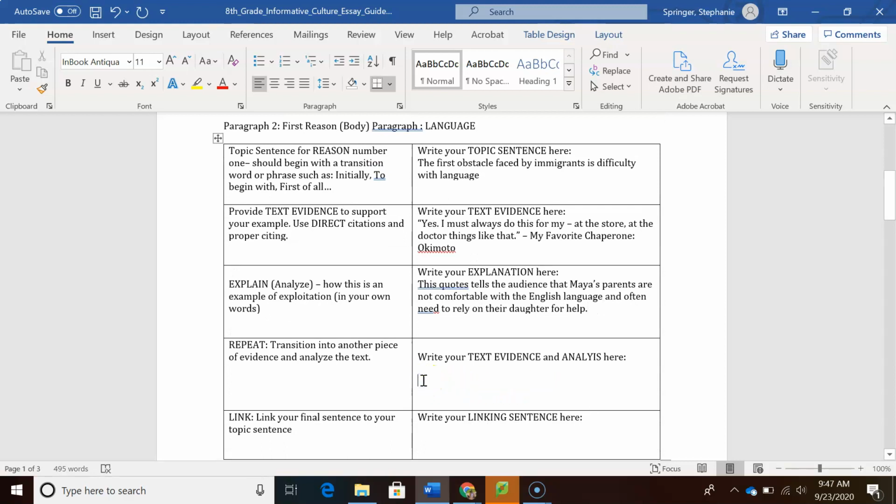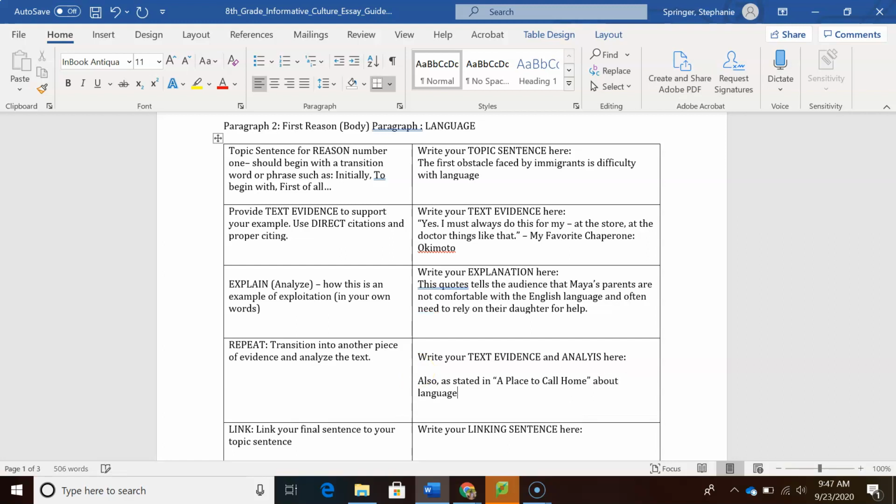Another piece of evidence that I chose was from A Place to Call Home. Remember, we want to transition also: as stated in A Place to Call Home, about language issues.